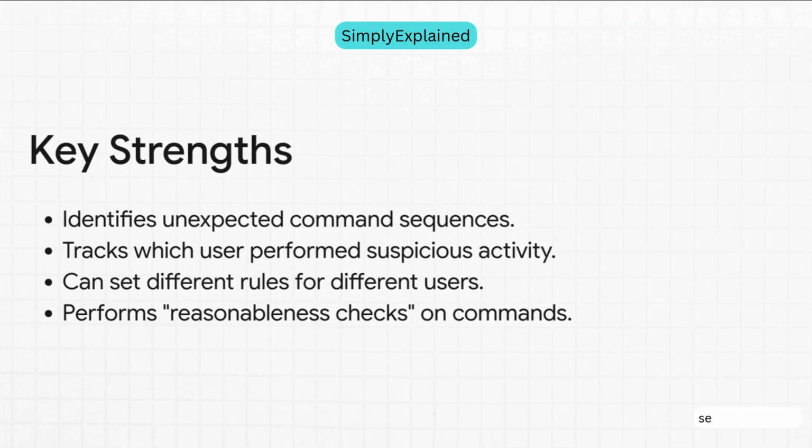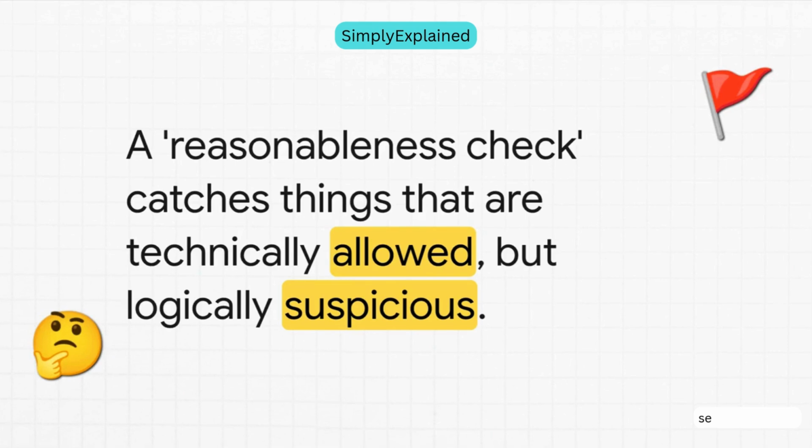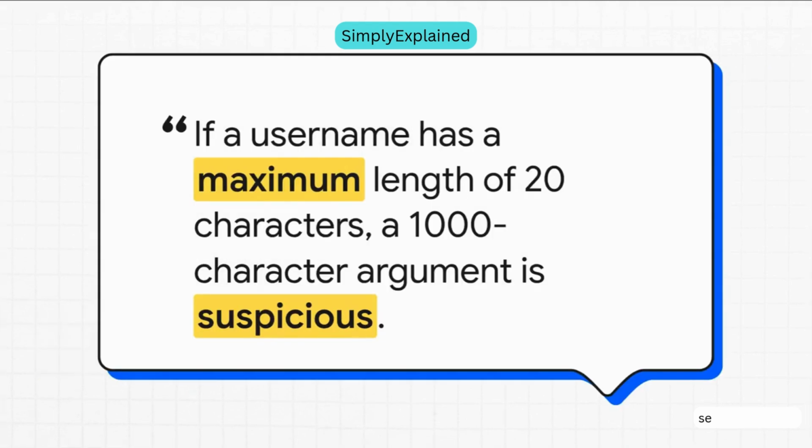But my favorite feature has to be what's called the reasonableness check. This is where the system goes beyond just the basic rulebook and applies something kind of like, well, common sense. It asks a really important question. Is this command technically allowed, but also just completely bizarre in this situation? Here is the perfect example.